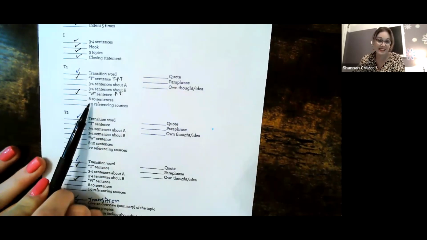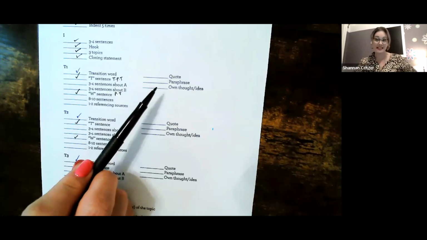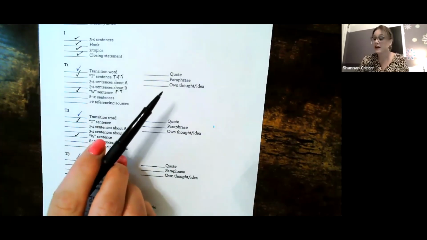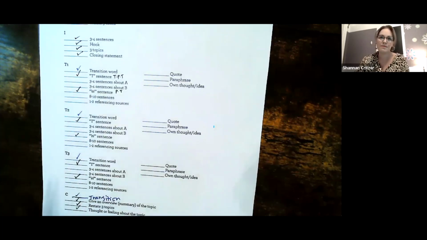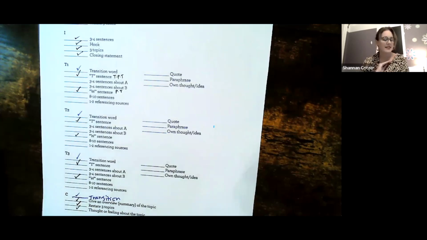In those sentences, though, remember what we learned about text-based essays. They have to have quotes, paraphrases, and own thoughts to make up these 3 and 4 sentences about point A. Remember that basic essay that we looked at from Alligators? It didn't have any quotes or any paraphrases.